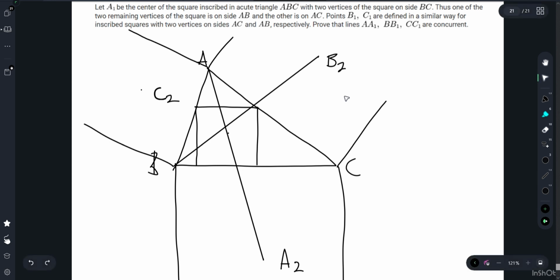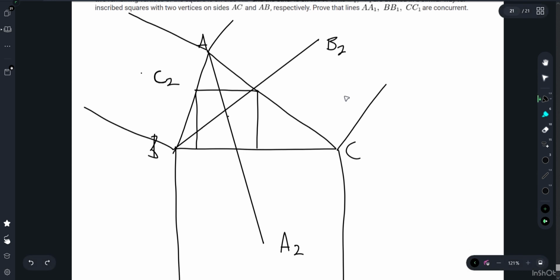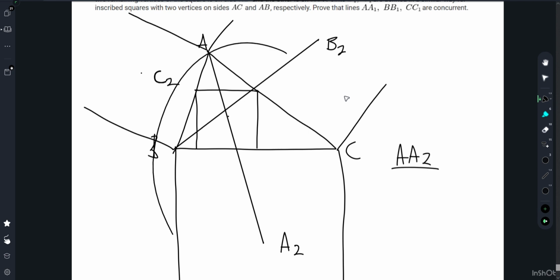Okay, so now we want to use Ceva's theorem. So first of all, let's try to get a grip on what we're asked for. So we have A2. Let's do law of sines on ABC.